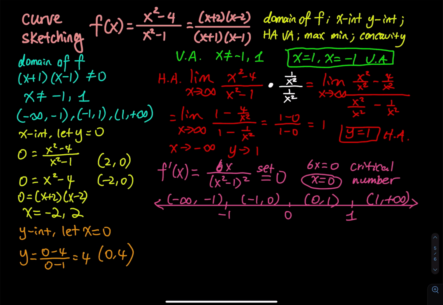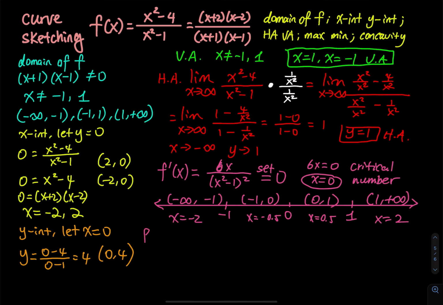And then you will be selecting your test values. So x equals -2, x equals -0.5, this one positive 0.5, and this one I pick 2. Since we are analyzing slope, you will be plugging into f prime of x.